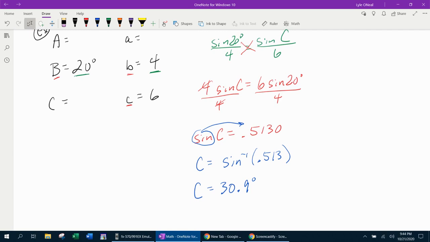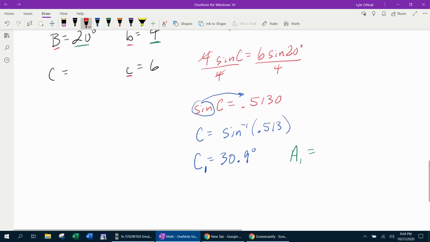Okay, so what that means is that we need to find one complete set of angles and then check and see if there's a second set of angles. So we're going to call this angle C1, and then we're going to be able to find angle A1. Remember that all 3 angles have to add up to make 180.